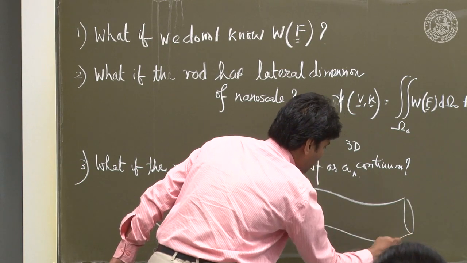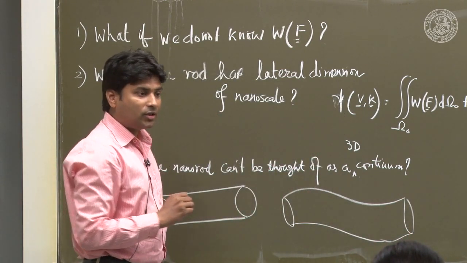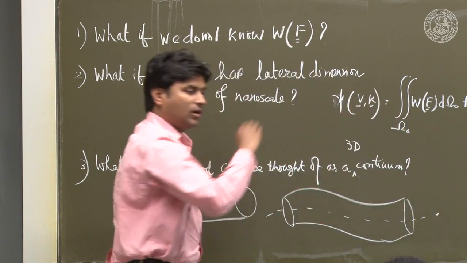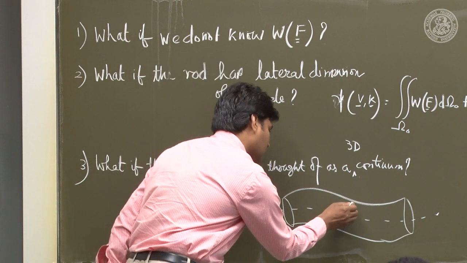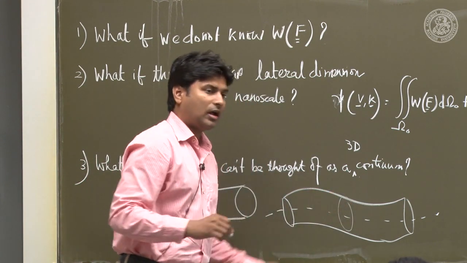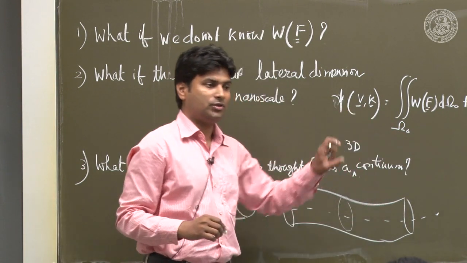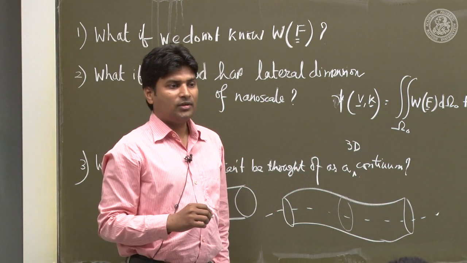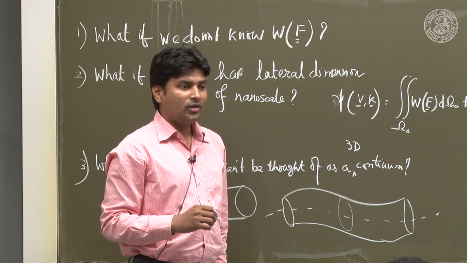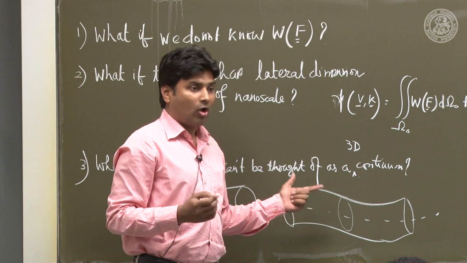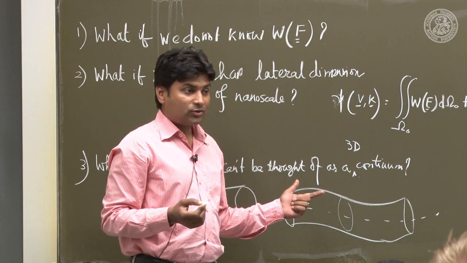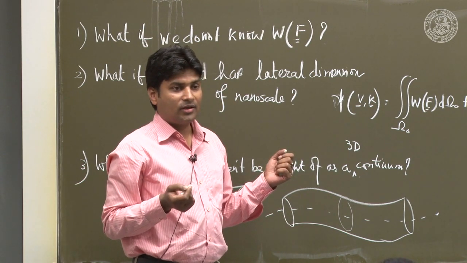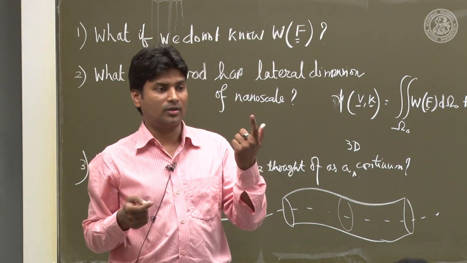Even when this nanotube is deforming, you can always think of a center line of the nanotube and some kind of orientation attached to every point of the center line, which denotes the orientation of the cross section of the nanotube, isn't it? So, you can always think of it as a rod, but it is not a conventional rod, it is not a bulk rod. It is such a rod whose thickness is just one atomic layer.